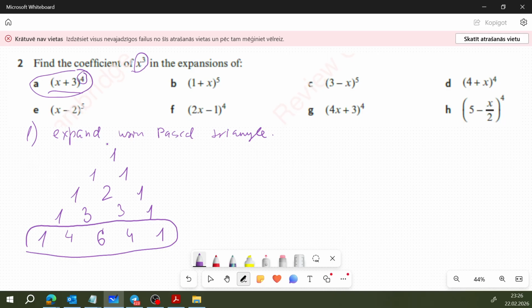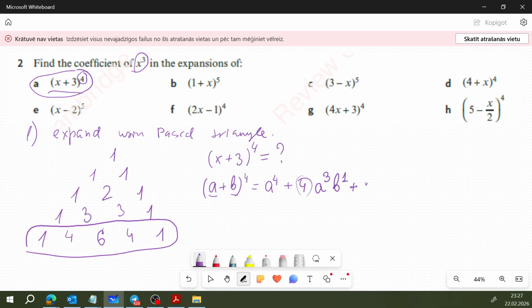So if we have (x plus 3) to the power of 4, we need to figure out what that is. Remember, if we have (a plus b) to the power of 4, we can use all these coefficients here. It will be a to the power of 4. We need to keep the total power at 4 by multiplying the terms. The next term will be plus 4 times a to the power of 3, b to the power of 1.